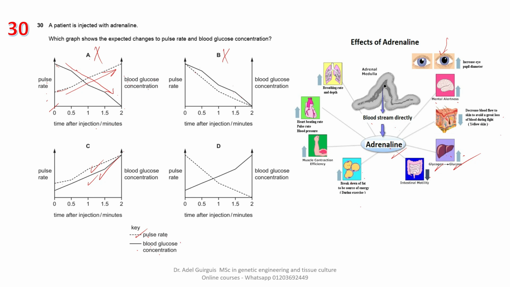What about muscle contraction? Its efficiency increases, and breakdown of glycogen into glucose increases, like in the liver also. What about heart beating rate? It increases and the pulse rate increases, so the answer C is correct. What about breathing rate and depth of breathing? Increasing also. Now the answer is C.